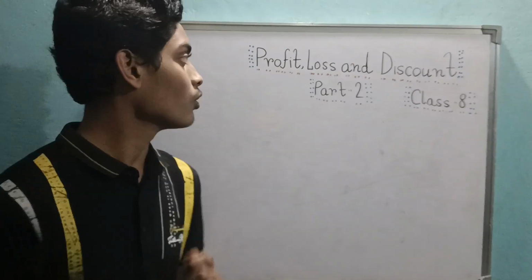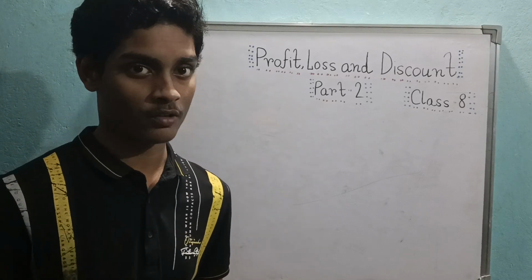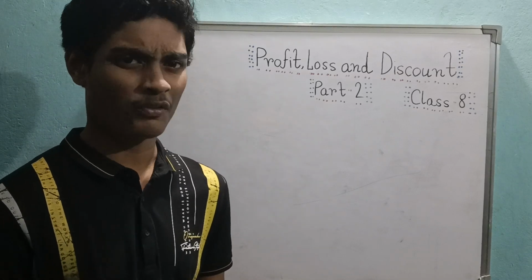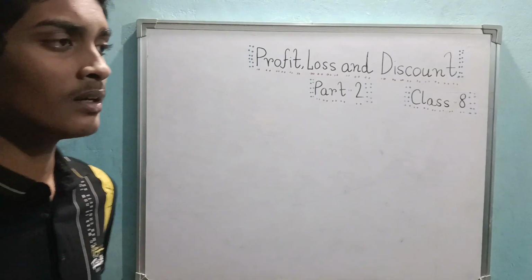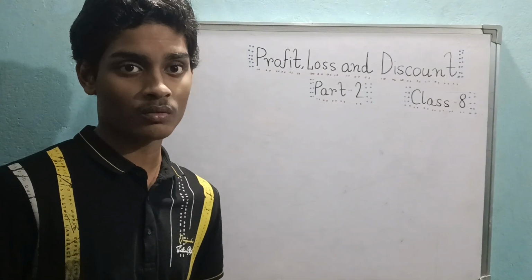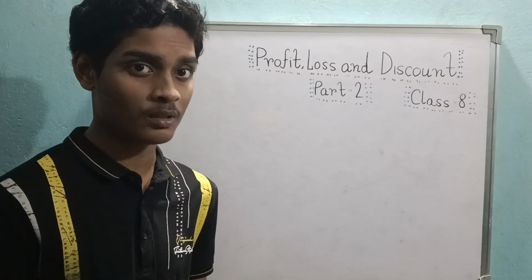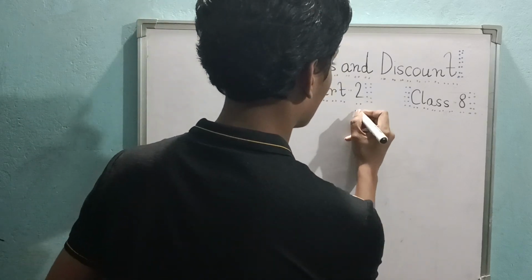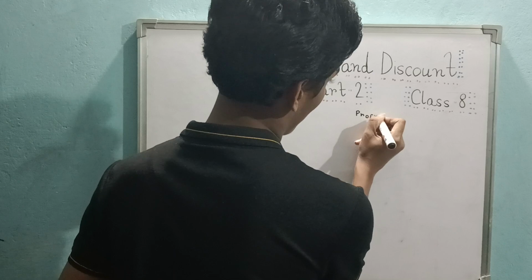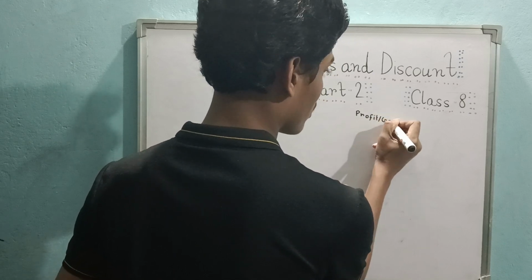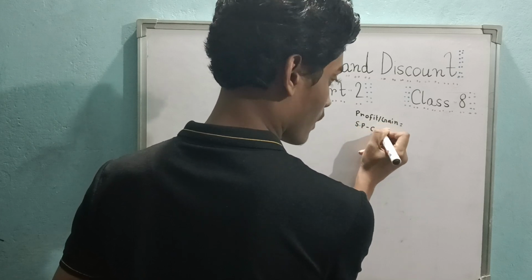All right, so in part 1 we learned the basics of profit and loss. We learned cost price, we learned selling price, we learned that gain or profit is selling price minus cost price. So let us write down what we learned in the previous video. Profit, also called gain, equals selling price minus cost price.